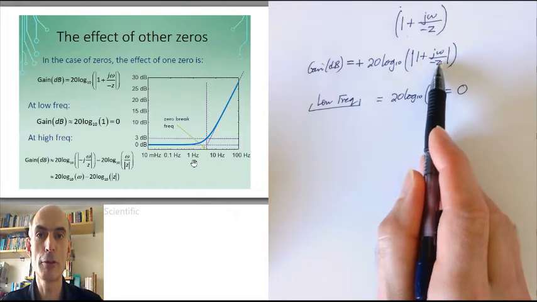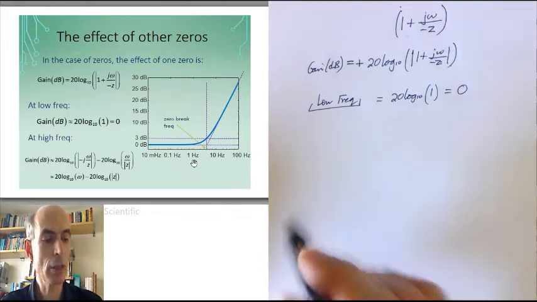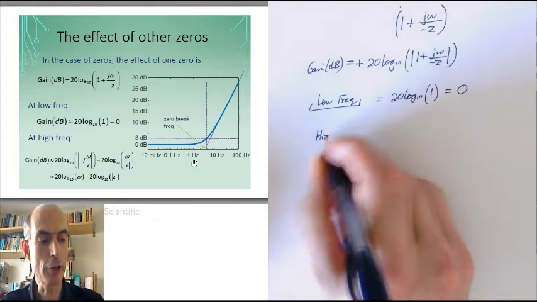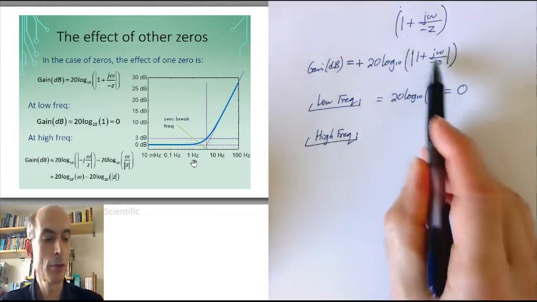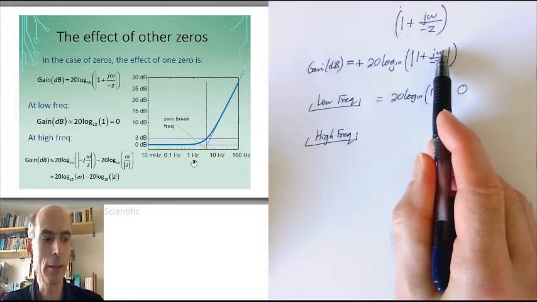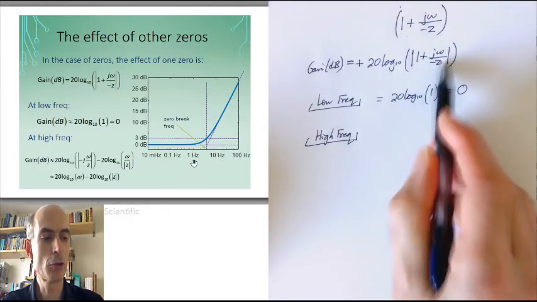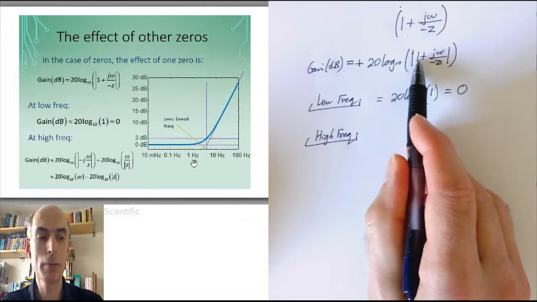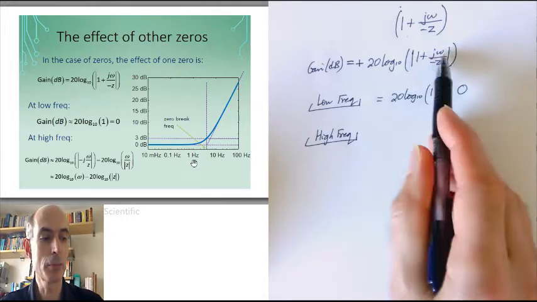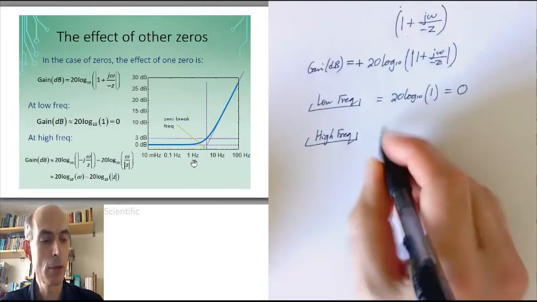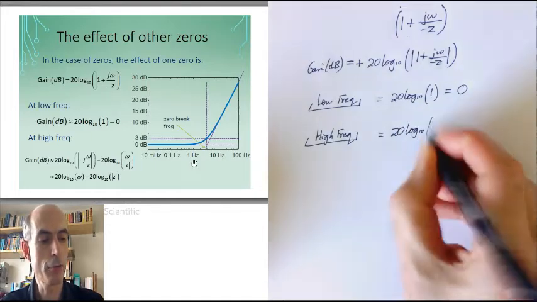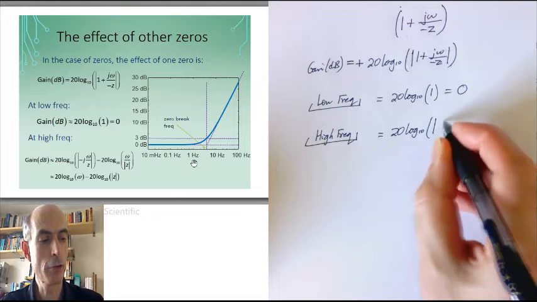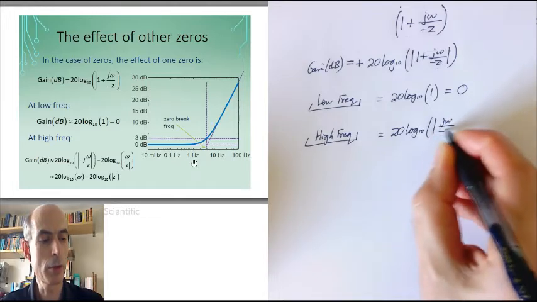On the other hand, at very high frequencies, where we make the opposite assumption, that j omega is now so big that this term here is going to dominate the 1, and we can neglect the 1 in comparison with this term here, we would end up with 20 log to the base 10 of the modulus of j omega over minus z.